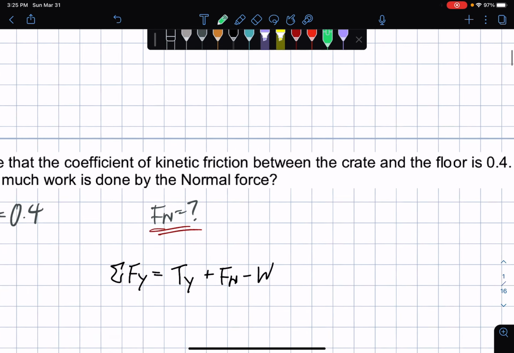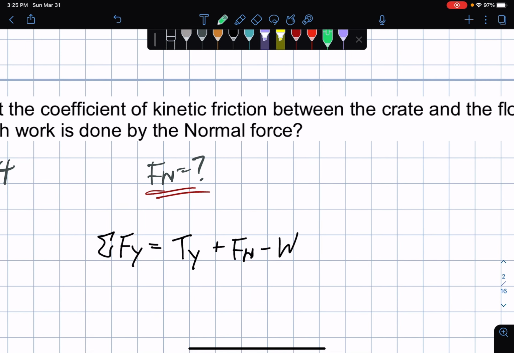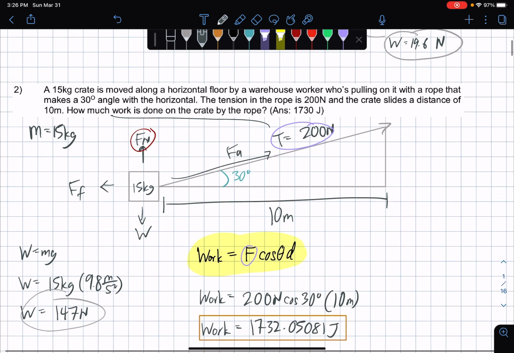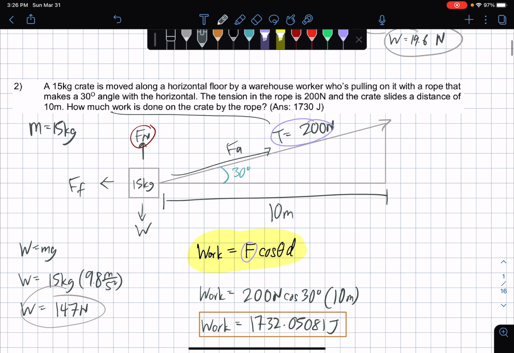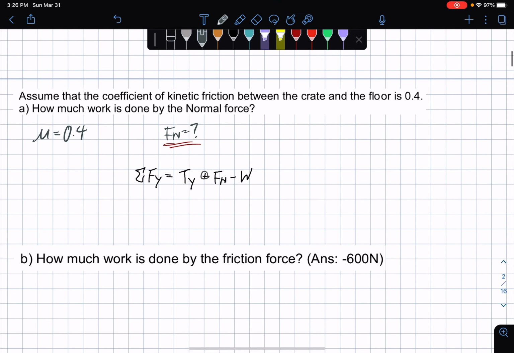I think I've stated this in the previous videos, regarding tension, in my video on tension. Basically, in this scenario, Fn is positive, but in a different scenario, this is supposed to be minus.